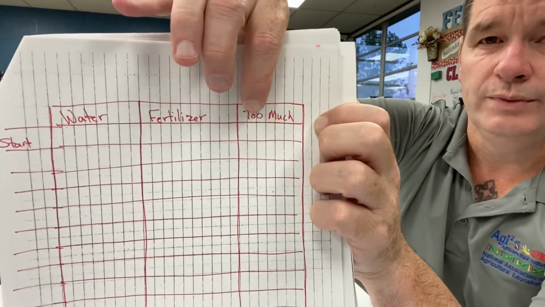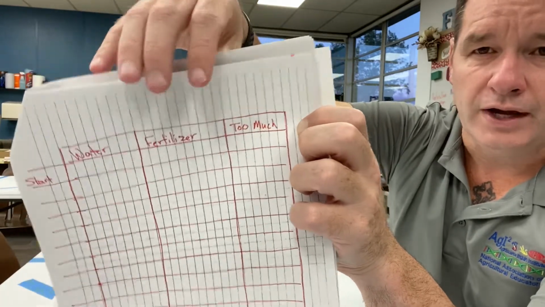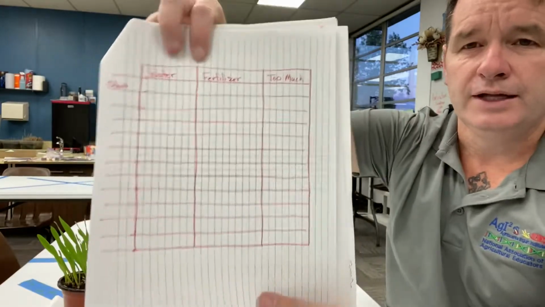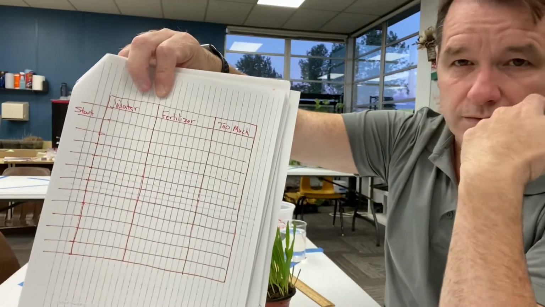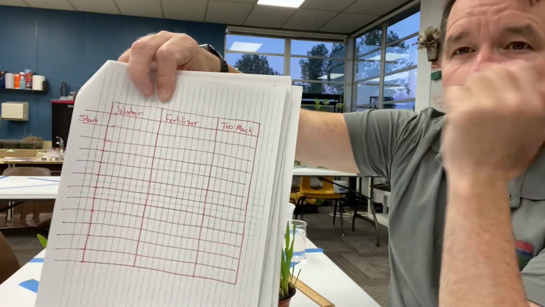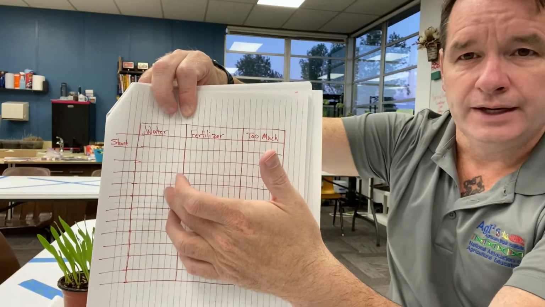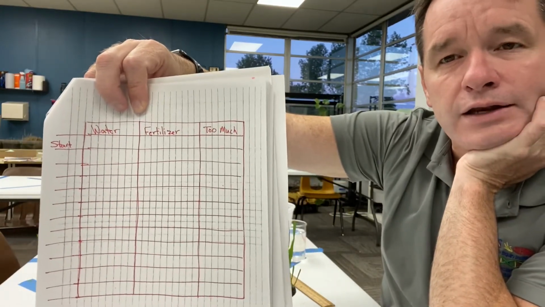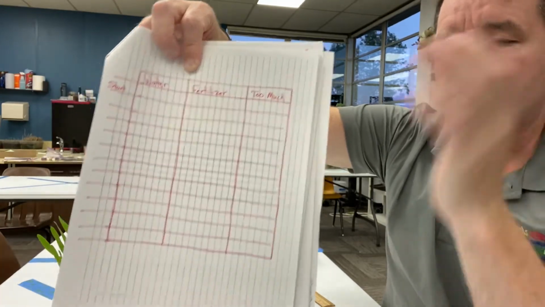Too much means too much fertilizer. This is my way of keeping track, so you can label whatever you want. Make something, how many down you go doesn't really matter, in case we keep going more than, granted I said 2 weeks, but we might end up doing this longer to get better effects at the end. So make something like this, okay?